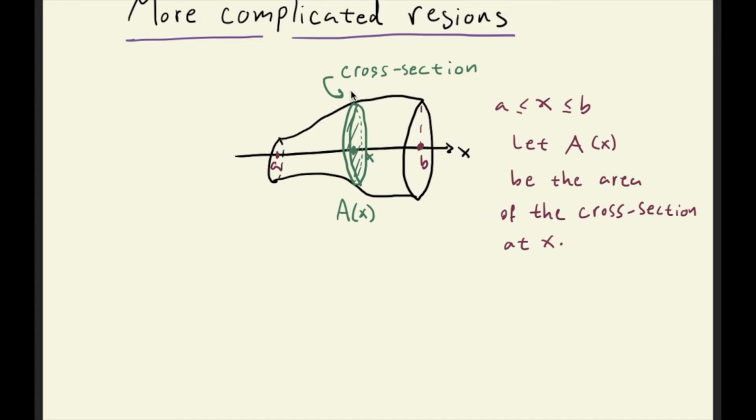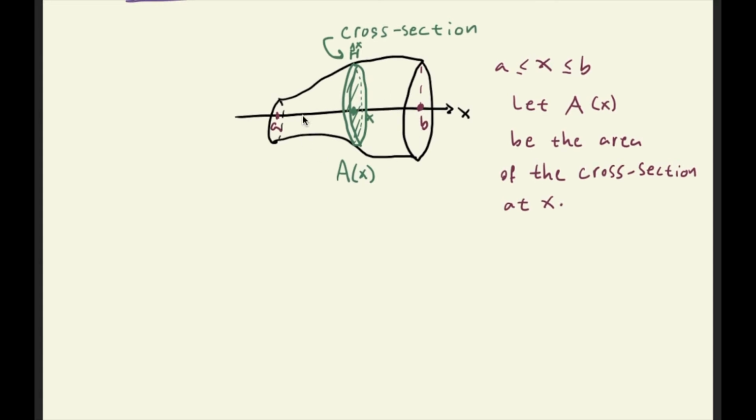So if this is very short and this area here is delta x, say, very small, then you can approximate the volume of the solid by chopping it up into a bunch of pieces and summing from 1 all the way to n the volumes of these cylinders.